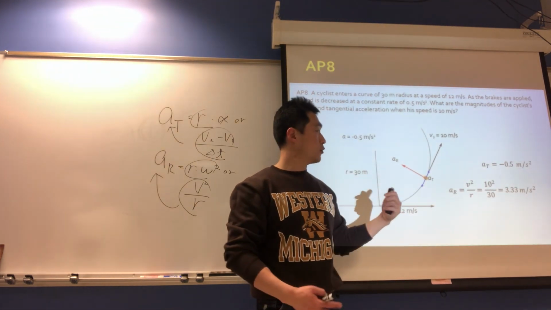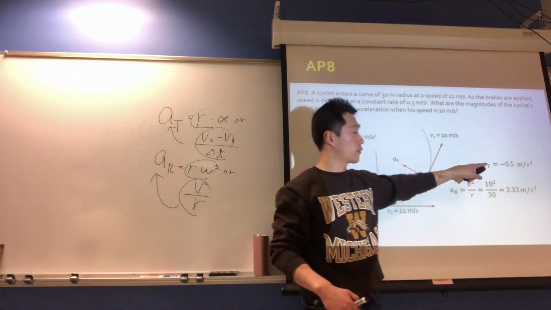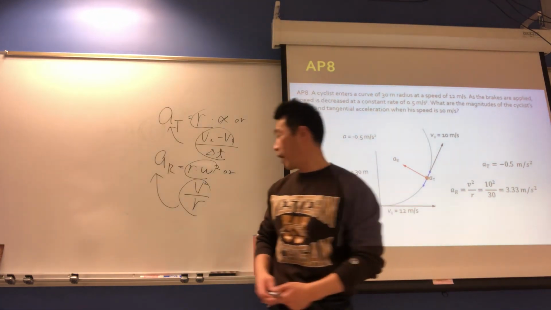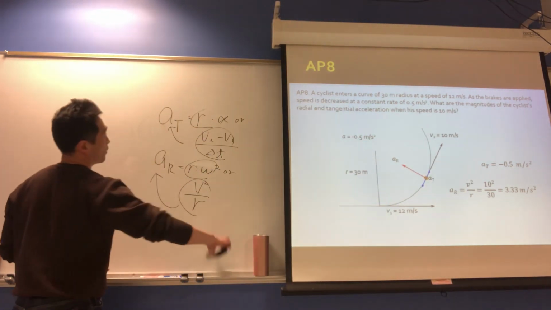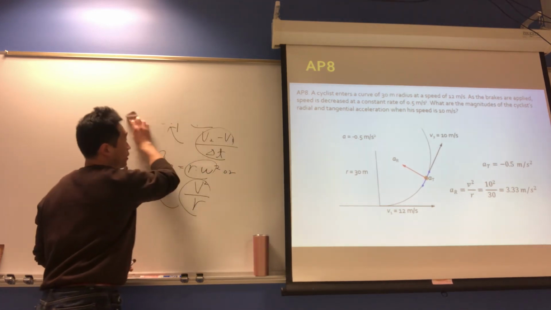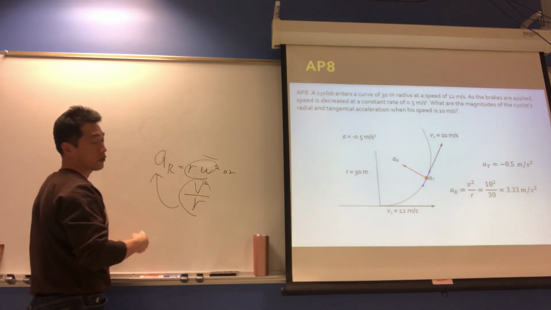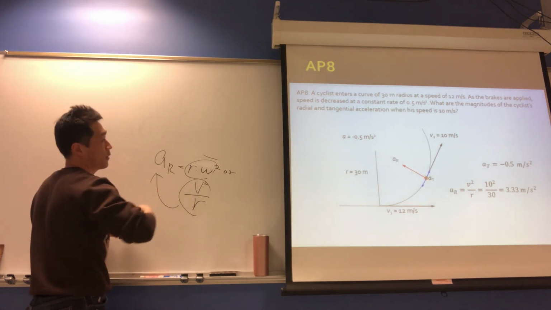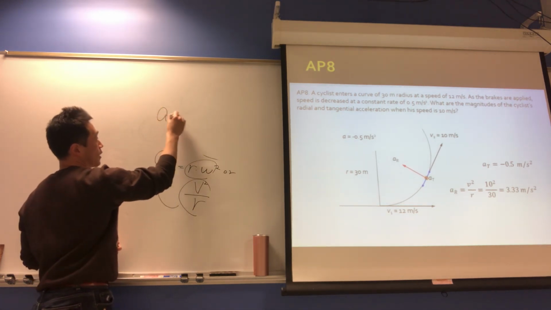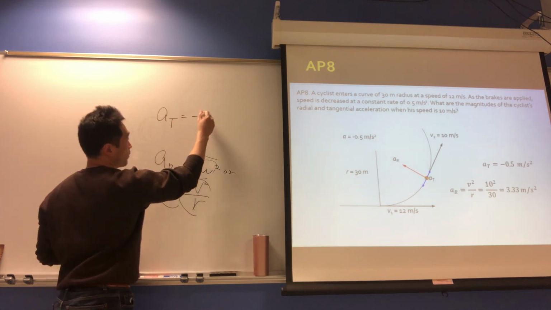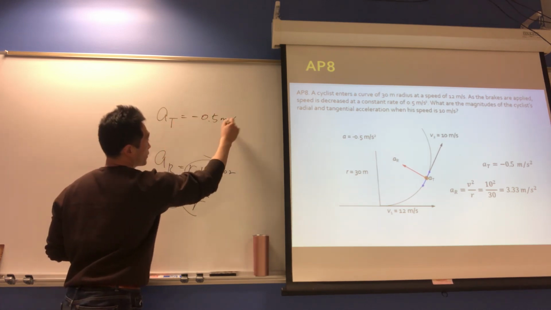So in this question you don't have to calculate the tangential acceleration, it's already provided. Then this equation can be gone for this question. As I mentioned, a_T, tangential acceleration, is equal to negative 0.5 meters per second squared.